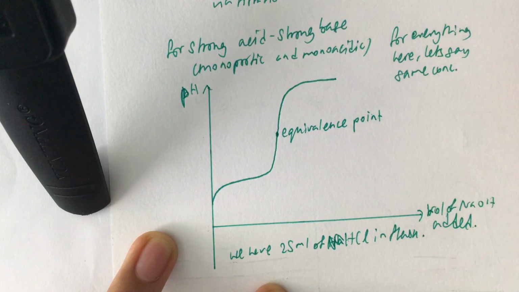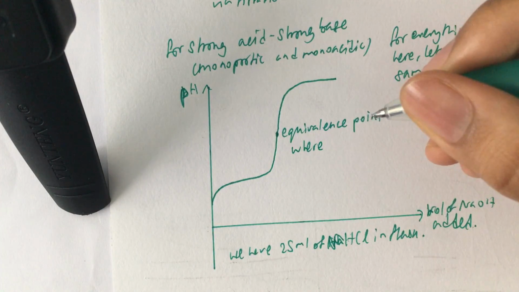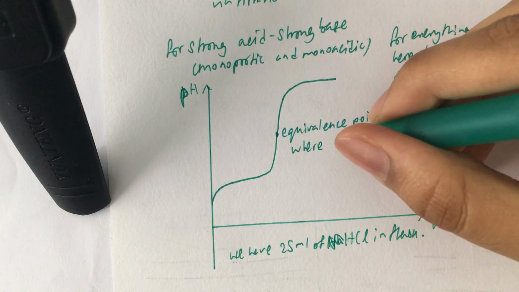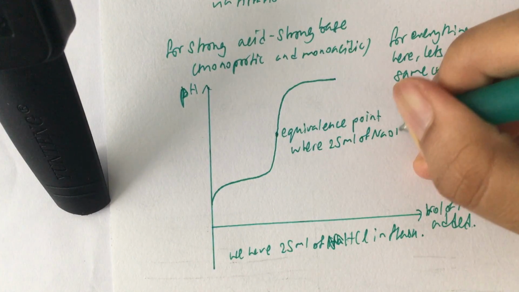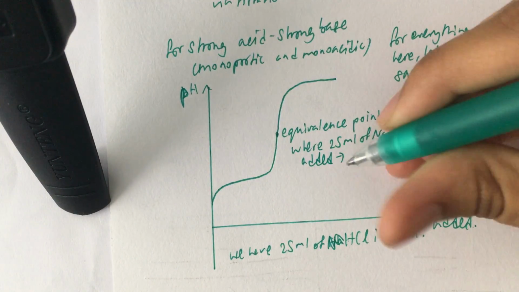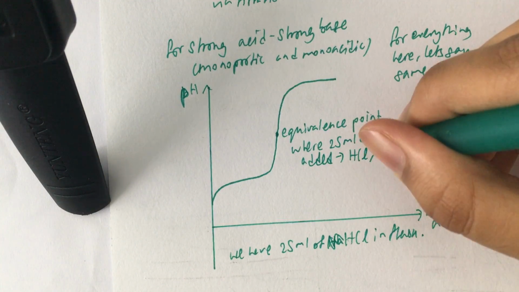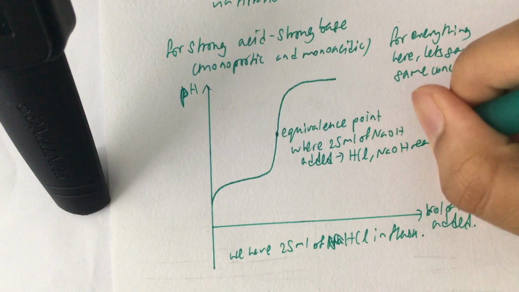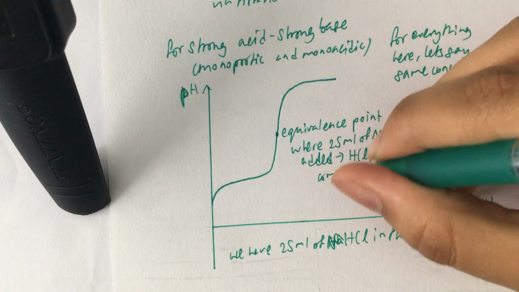As you can see, the part where the rapid increase occurs is when the HCl and NaOH technically react completely with each other, and therefore we can call that the equivalence point, and that will be when 25 ml of NaOH is added because we are saying that they are the same concentration. So you're just gonna go in the same volume because the concentration is the same.